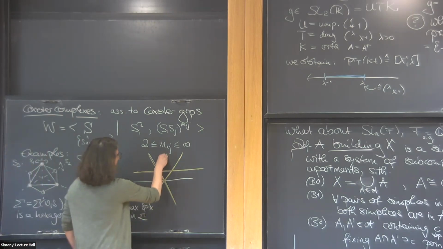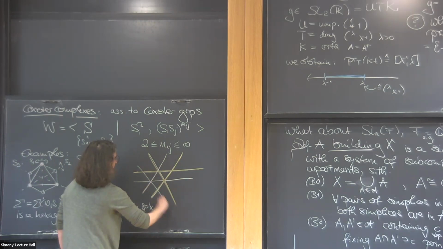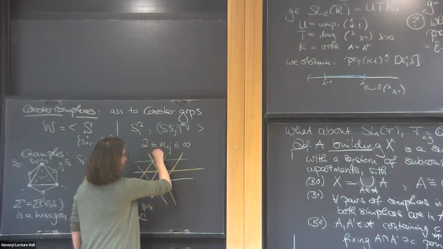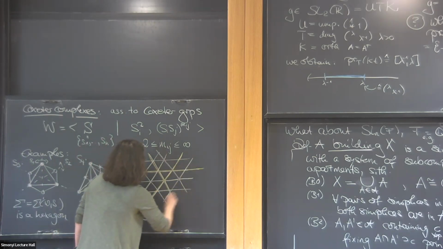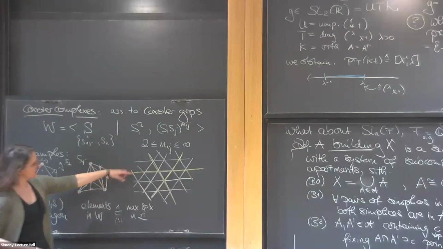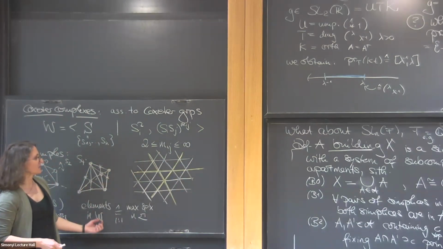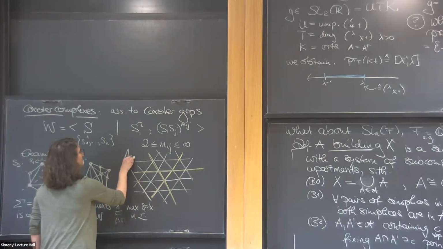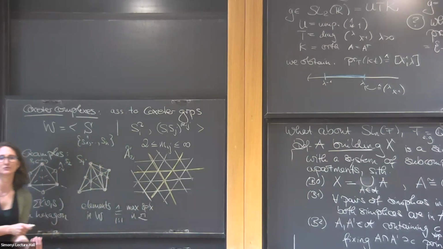But in total, you get a tiling of the plane by equilateral triangles. And again, every triangle in here represents 1 element in an affine Coxeter group, and this is the Coxeter group of type A2 tilde.